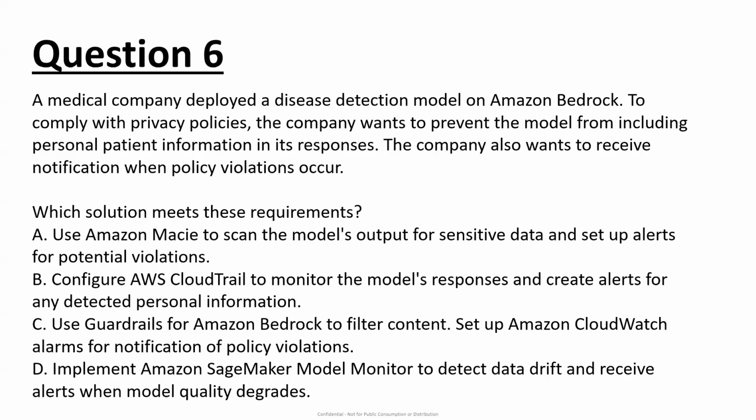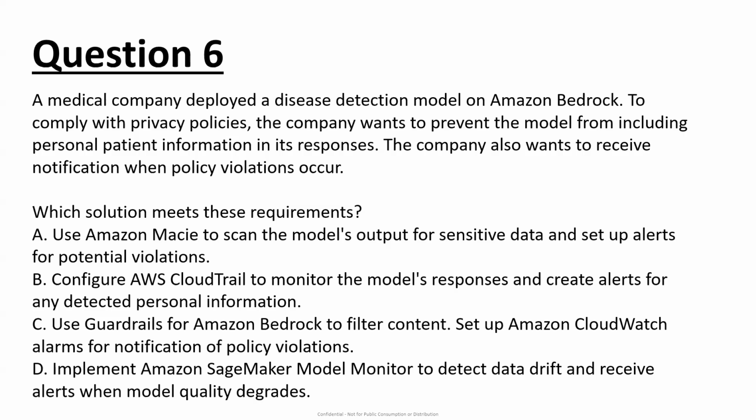A, use Amazon Macie to scan the model's output for sensitive data and set up alerts for potential violations. B, configure AWS CloudTrail to monitor the model's responses and create alerts for any detected personal information. CloudTrail is for the APIs, so it cannot be the answer. It's a distractor. C, use Guardrails for Amazon Bedrock to filter content and set up an Amazon CloudWatch alarm for notification of policy violations.